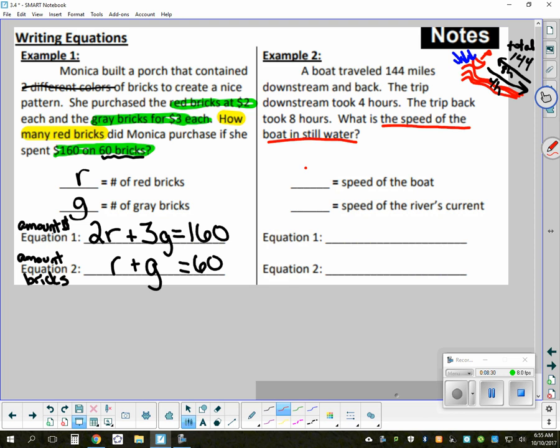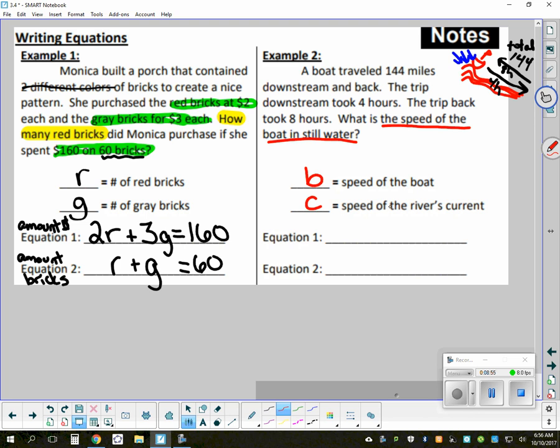I'm going to call that B for boat. You could have called it S, you could have called it X, you could have called it any letter you want. The other thing that you don't know, while they don't ask for it, is the speed of the river's current. Okay, because we would have to get rid of that to figure out the speed of the boat in the still water. So I'm going to call that C for current.